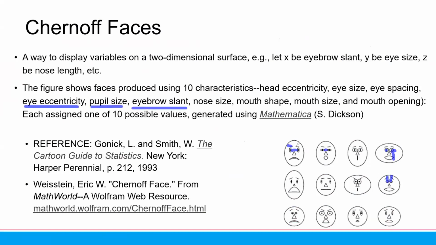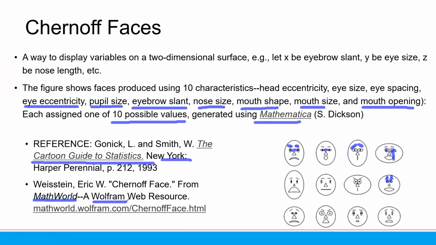This eyebrow is horizontal. This one has a little bit of a slope, so it has different meaning. And so on about nose size, mouth shape, mouth size, and mouth opening. So it can have 10 possible values. You can check some of the books that use this kind of visualization, like The Cartoon Guide to Statistics, or some tools like Mathematica and MathWorld, they use this kind of visualization.